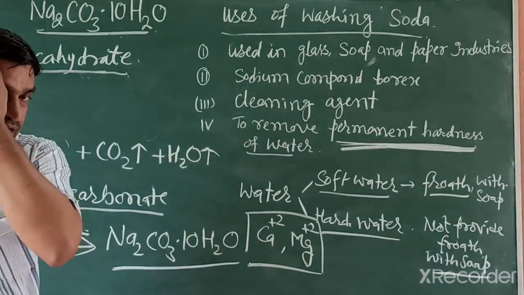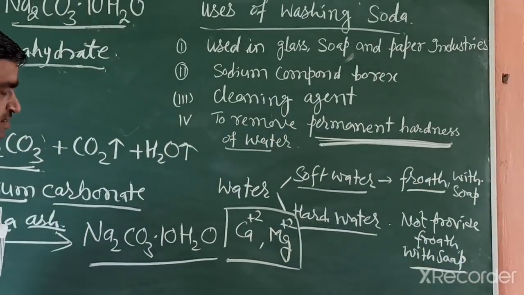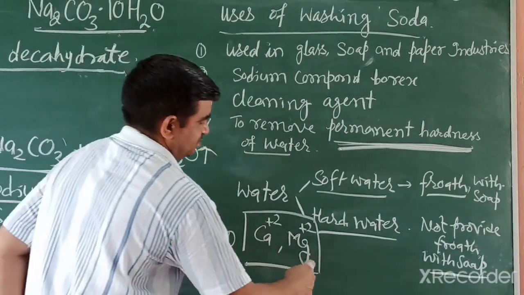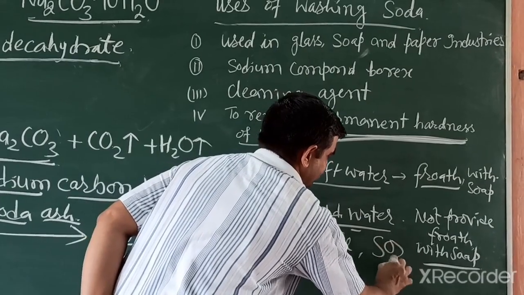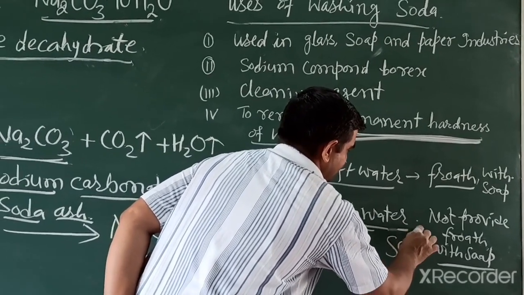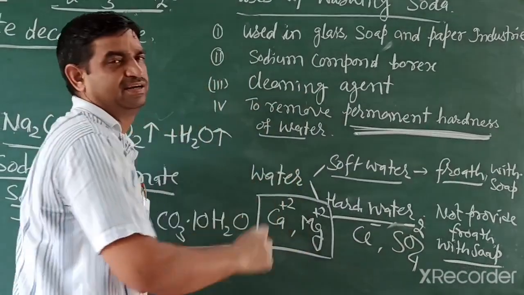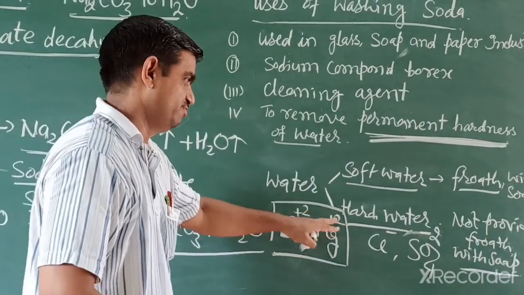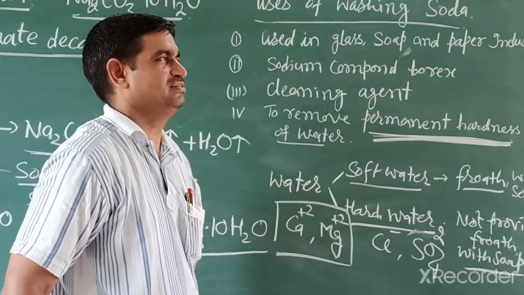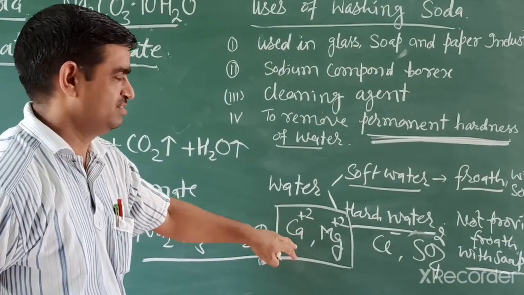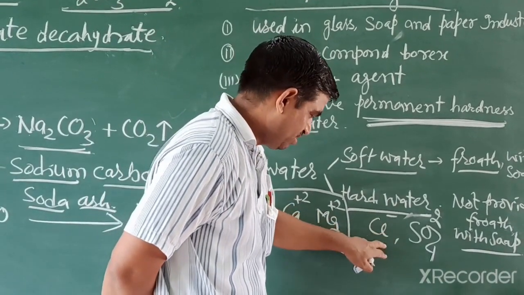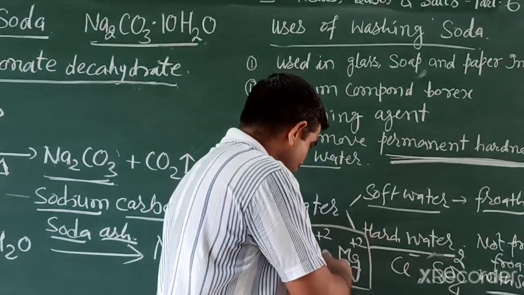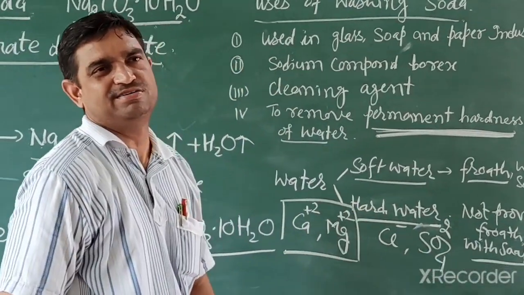But they remain in combination as chlorides and sulfates. In detail, we will study this in higher classes, but know the reason the water is hard. Due to calcium and magnesium ions, water is hard. And when they remain in combination with chloride and sulfate, that is permanent hardness.